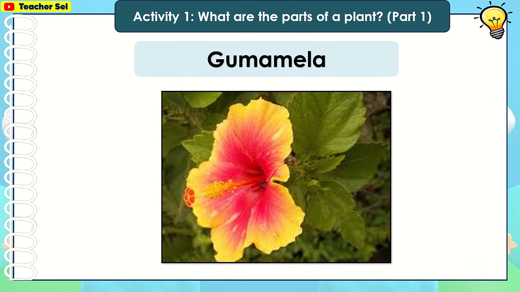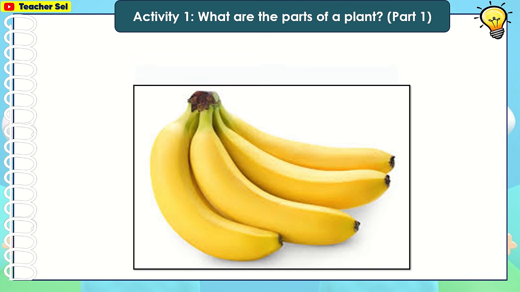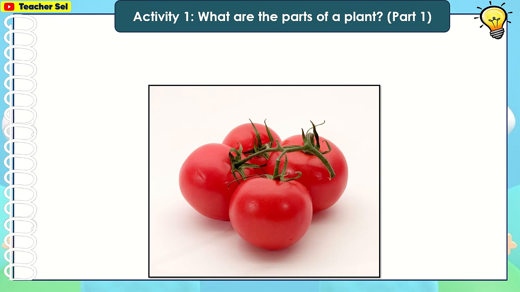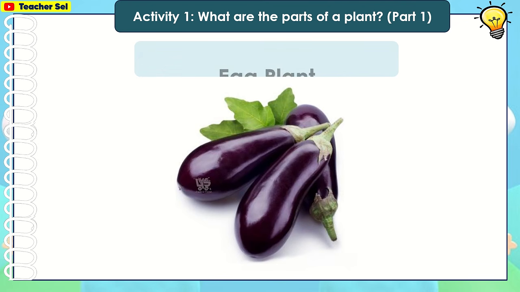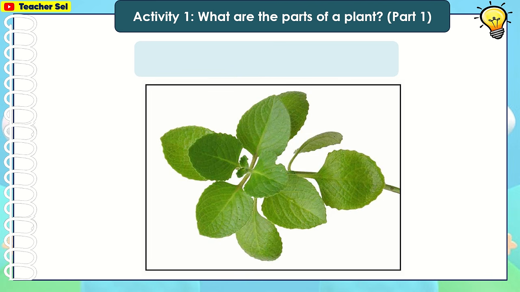Take a look at this picture. Gumamela. Next, banana. Tomato. Eggplant. Oregano.